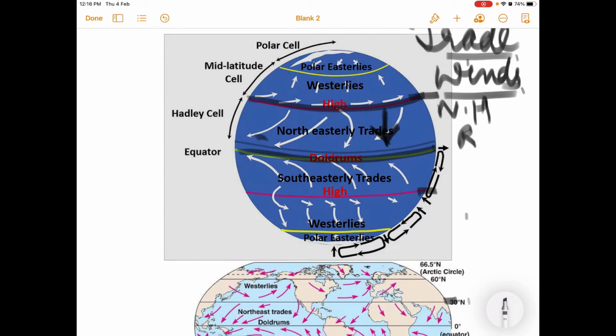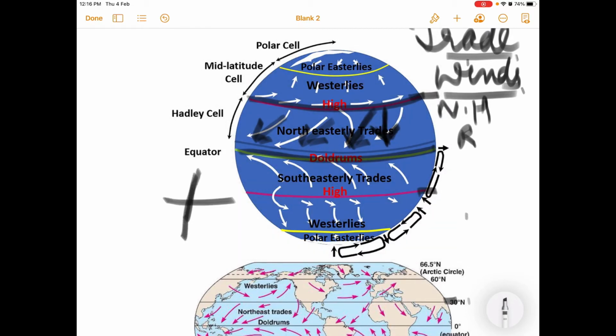So that is why the winds are blowing like this. And what is the direction of the winds? The winds are moving from the northeast. Let me tell you, this is north, south, east and west. So winds are blowing like this, from the northeast towards the southwest.